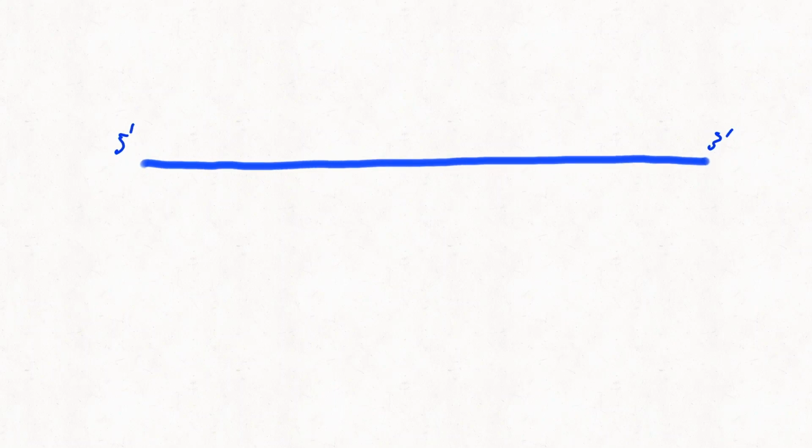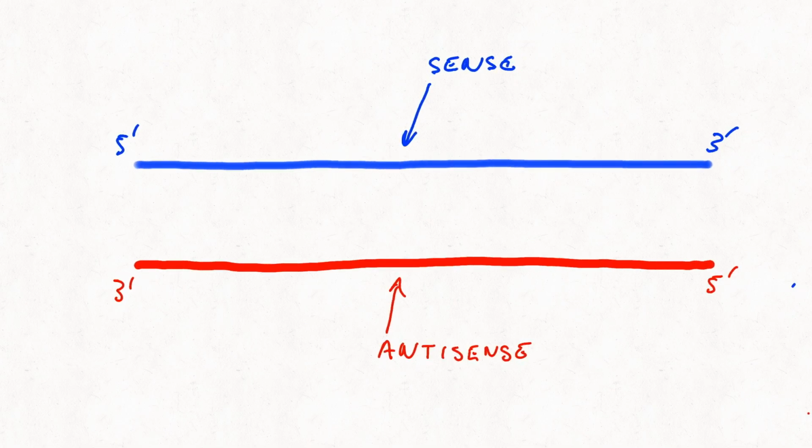When we write out a DNA sequence, we write it with the 5' end on the left and the 3' end on the right. But we also, if we are only showing one strand of DNA, write out the sense strand. And if we're showing both strands, then we write the sense strand on the top and the antisense strand underneath. Why do we do it this way? Well, it's just the way that we do it.